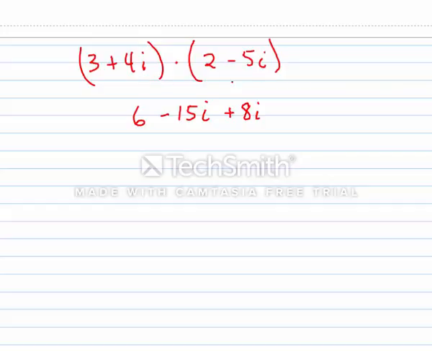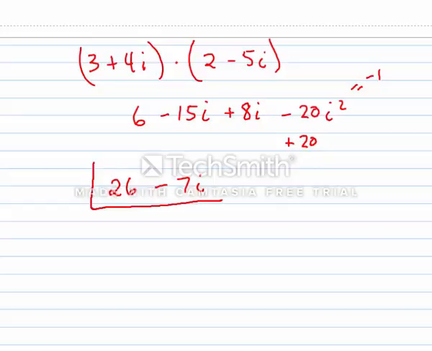And then finally we have minus 20i squared. So that will be a plus 20 since i squared is just equal to minus 1. So we can add 6 and 20, we get 26. And then minus 15i plus 8i, that's a minus 7i. And there we go.